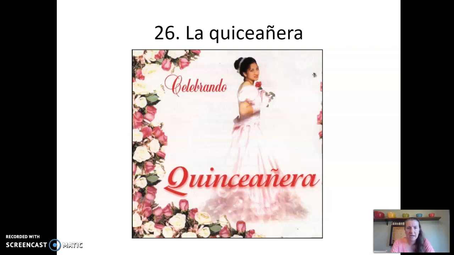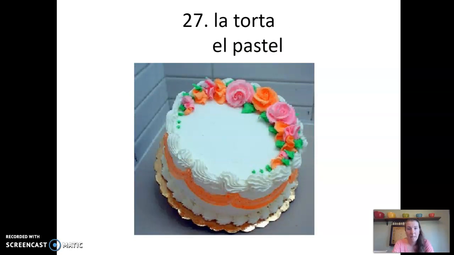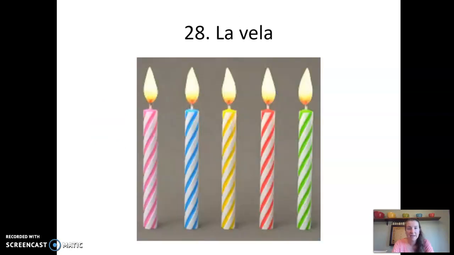So quinceañera has two meanings: a girl who is 15 years old or turning 15, or it's her party. So it's a 15-year-old girl or the party for a 15-year-old girl. All right, la torta or el pastel is a cake. Both of those mean cake. There's two Spanish words. La vela is a candle.